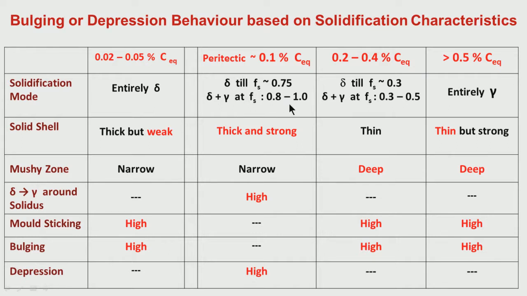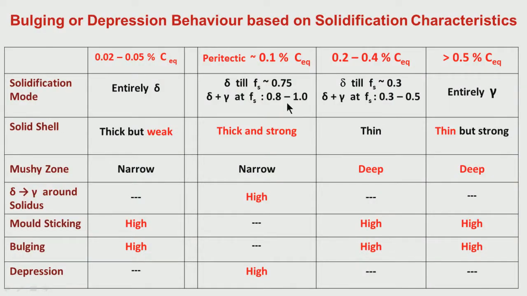Solid fraction between 0.9 to 1 is the temperature zone which we call the brittle temperature zone, because the ductility of the solid shell is 0 in this zone. There is some strength in the shell, but the ductility is 0. So, whatever strain is forming due to solidification shrinkage or delta to gamma transformation is happening in the crucial brittle temperature region of 0.9 to 1.